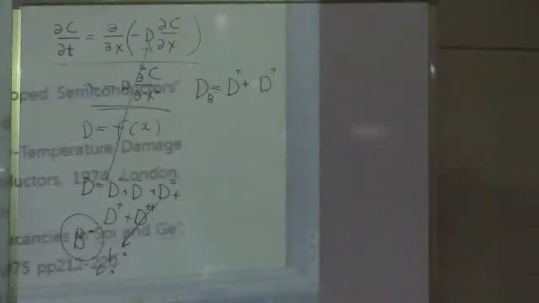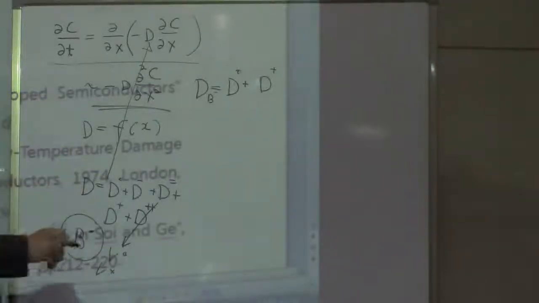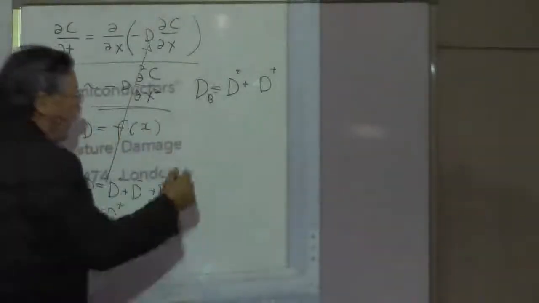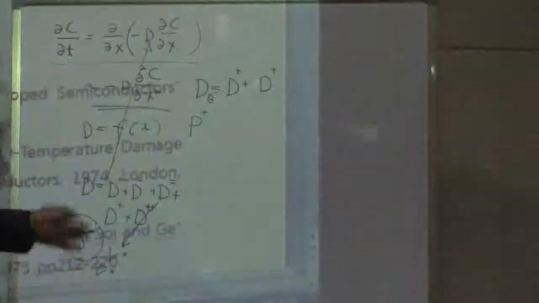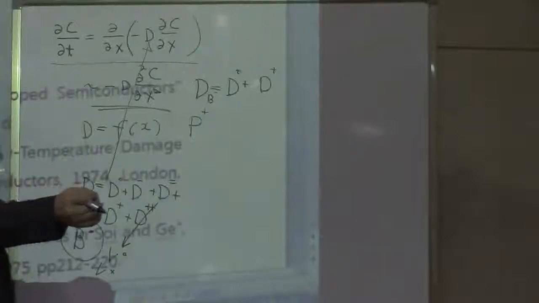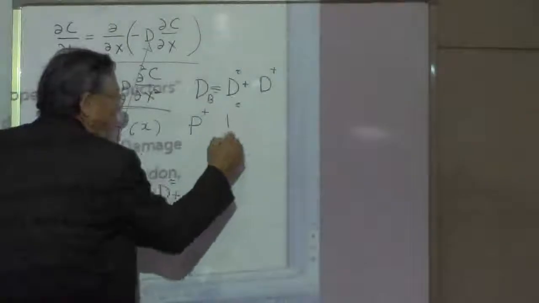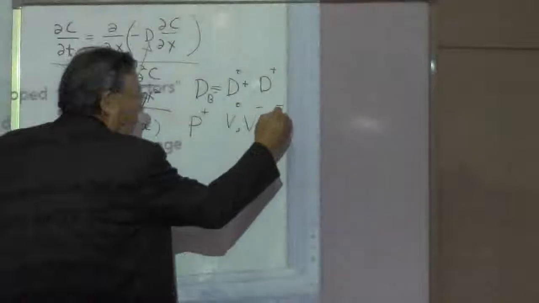Now, today we are going to talk about the phosphorus and arsenic and antimony, which are group 5, N-type dopants, and itself is positively charged because it donates the electron to the conduction band in silicon, and it should be coupled with neutral vacancies and negatively charged vacancies and doubly negatively charged vacancies at least.